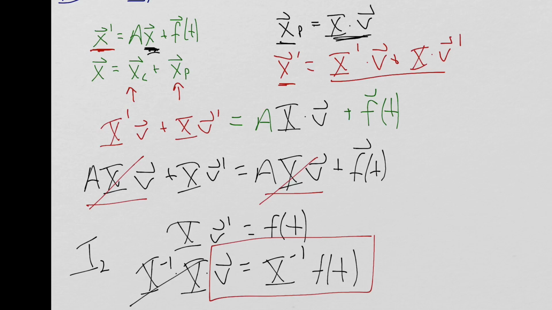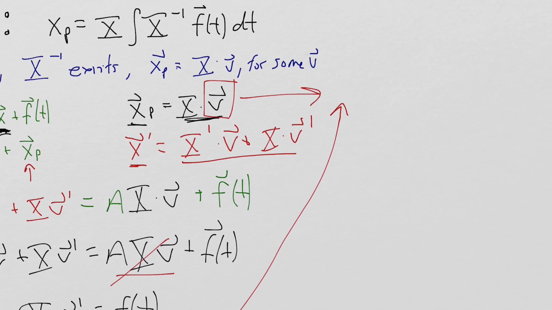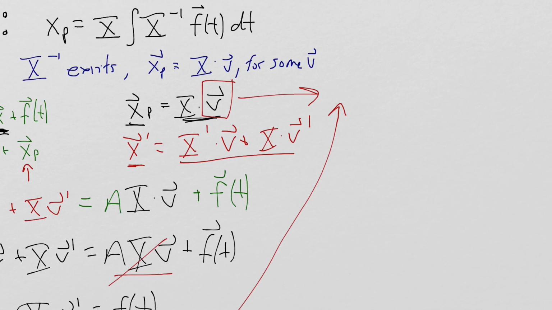Now, I'm going to bring that back up here. So I know that v is x inverse f of t, and I know that would be a v right there. So I know that xp is x times some v.